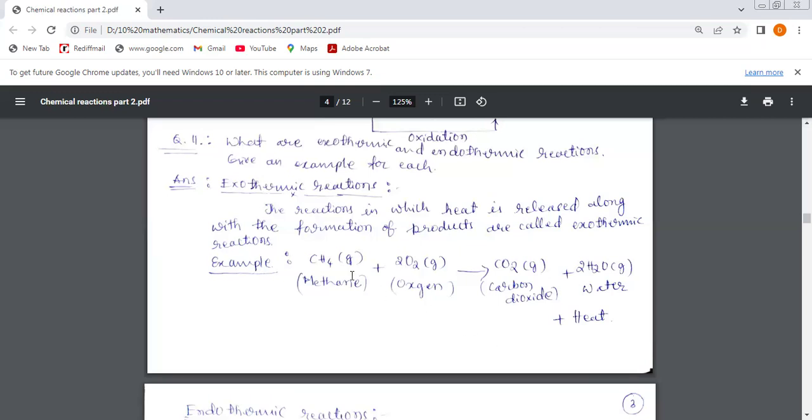Methane, CH4, in gaseous form, combines with oxygen in gaseous form, and the products formed are carbon dioxide in gaseous form and water vapor, plus release of heat. So this is an example for exothermic reactions, and in this reaction heat is evolved or released.